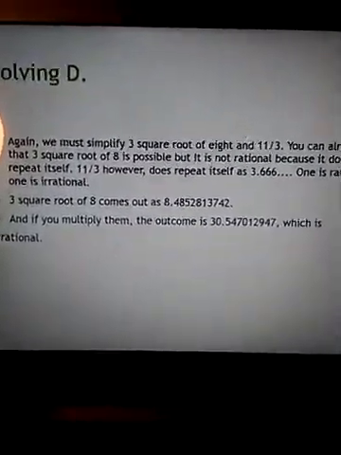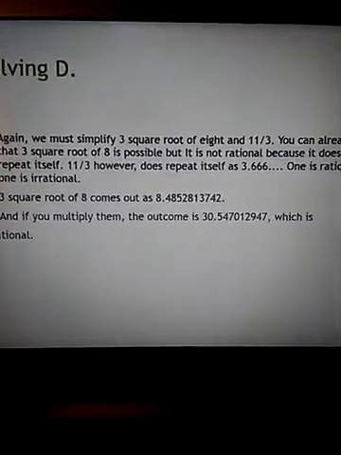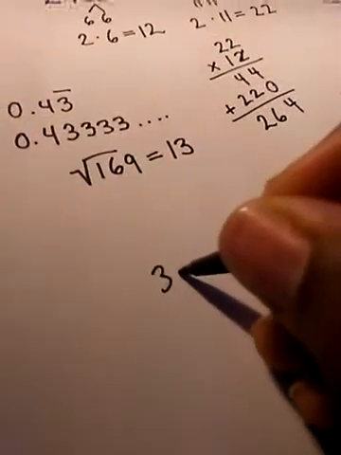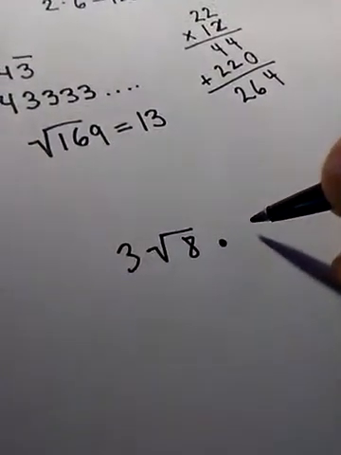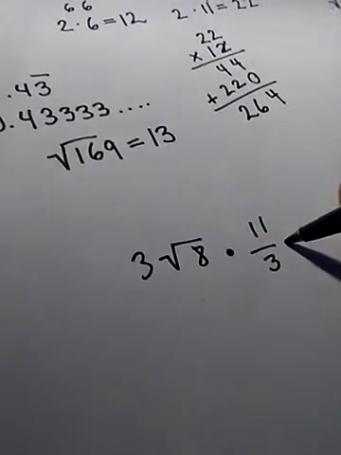So basically, we've already found our irrational answer by multiplying 3 square root of 8 and 11 over 3.